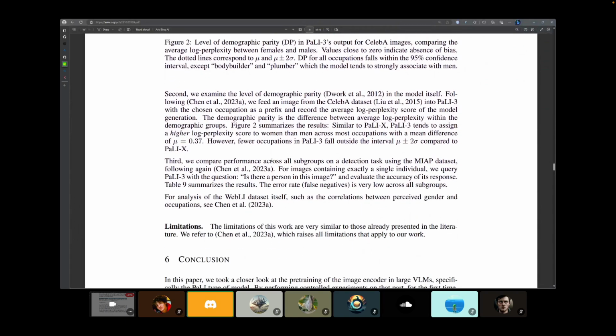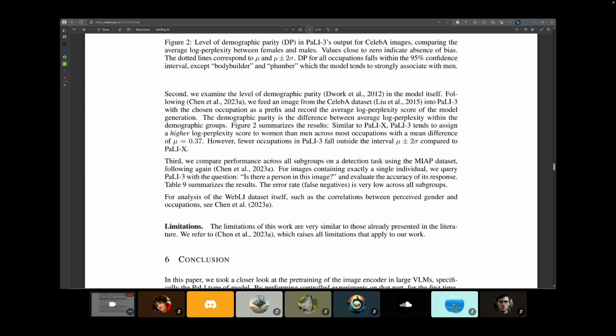Second, we examine the level of demographic parity in the model itself. Following the protocol, we feed the images from the dataset into PaLI-3 with the chosen occupation as a prefix and record the average log perplexity score of the model generation.